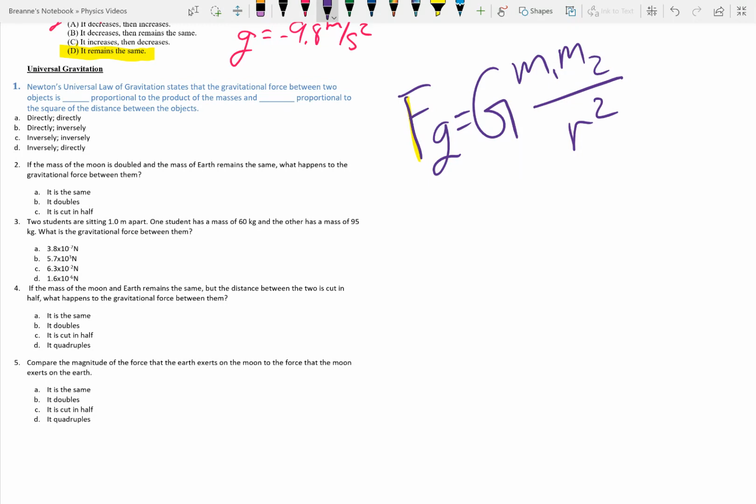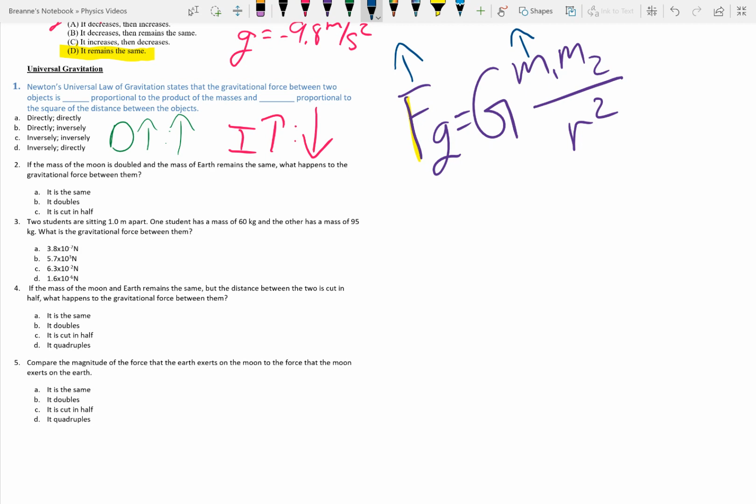So remember, directly proportional means if one goes up, the other goes up. Inversely proportional means if one goes up, the other goes down. So we have to think about this mathematically. If mass goes up, would that make the overall number bigger or smaller? It would make our overall number bigger.